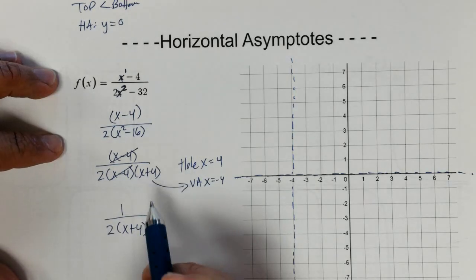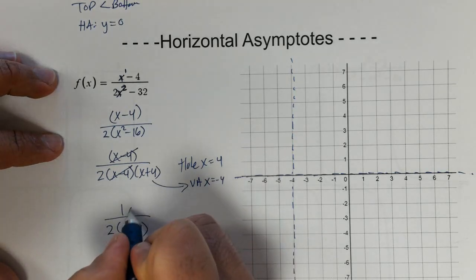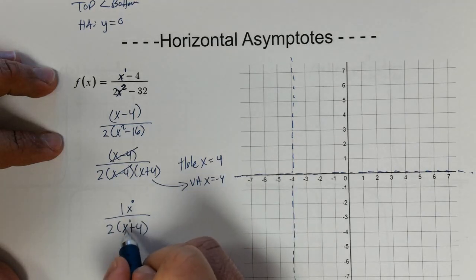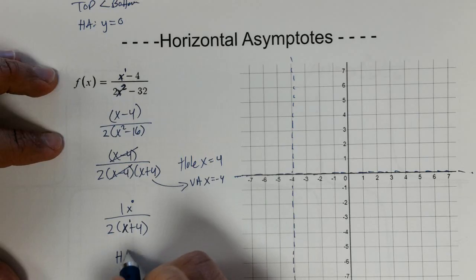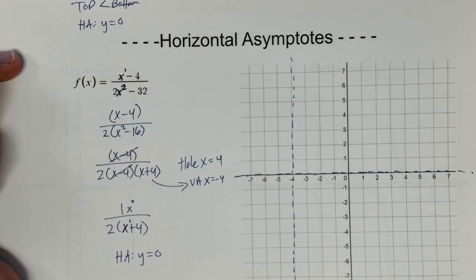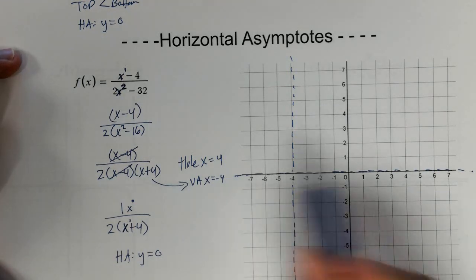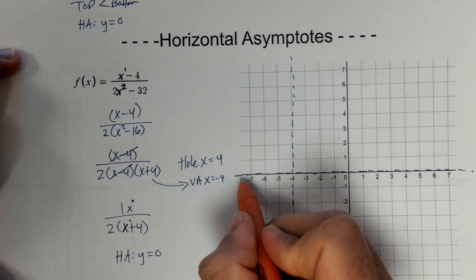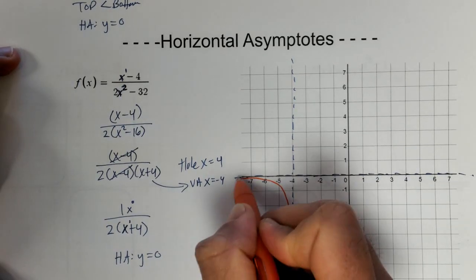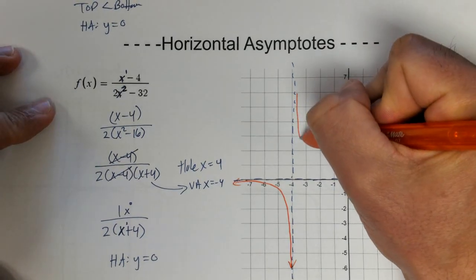Notice how the numerator is still the x variable, right? There's 0 x's. It's still less than the denominator has 1 x. So my horizontal asymptote is at y equals 0. Now my graph will look something like this. It'll be below, above.